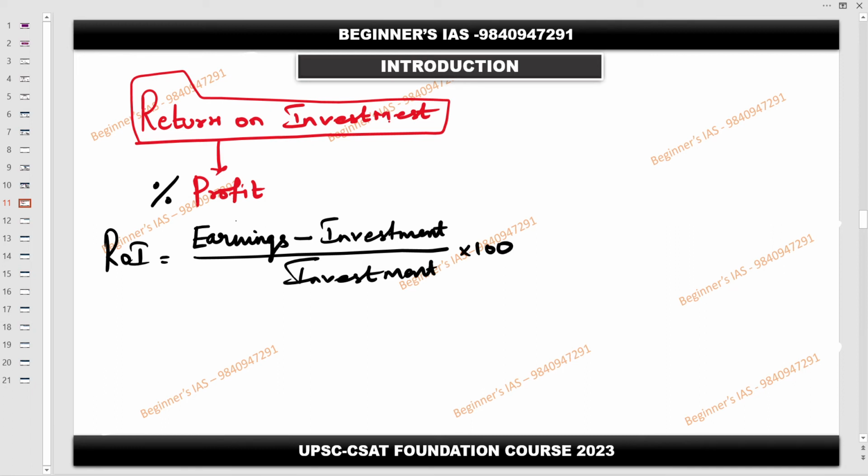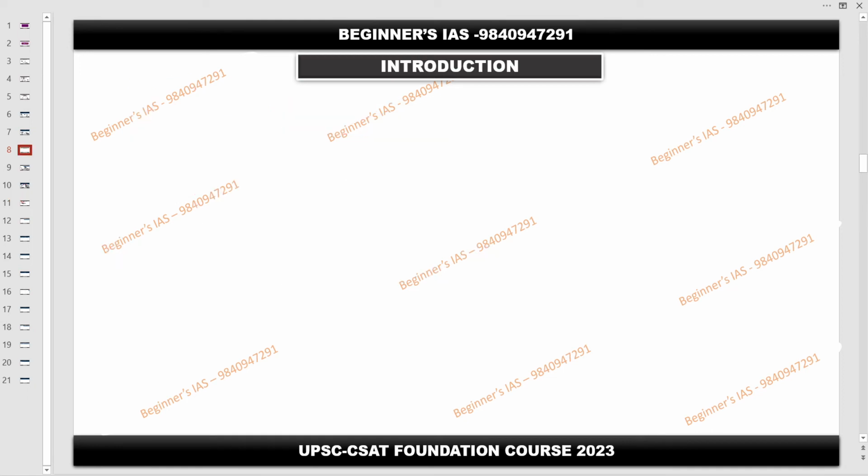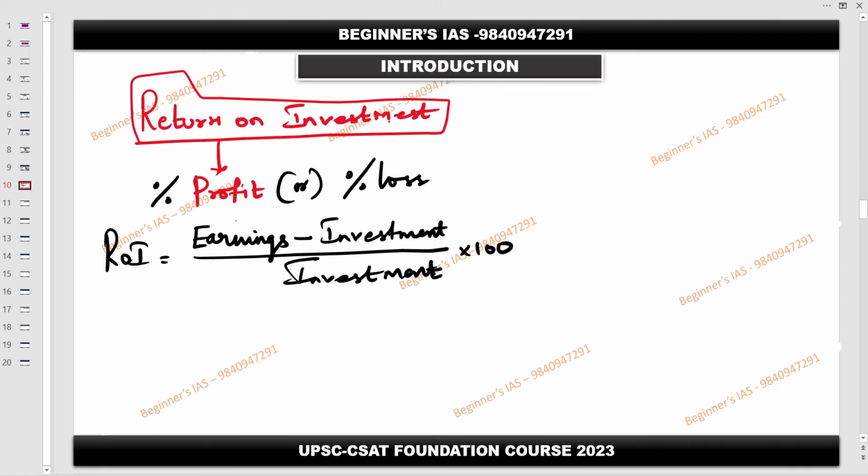Earnings minus investment by investment into 100. So this is nothing but the return on investment. Actually this return on investment will give a profit or else a loss also. Understood? Then one more concept you need to learn, so I will tell you that concept also.